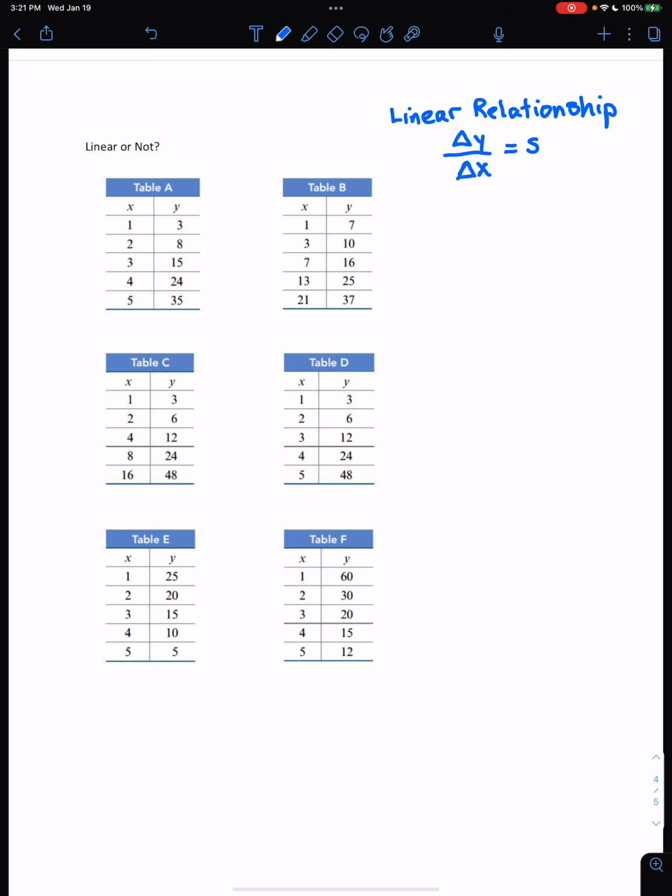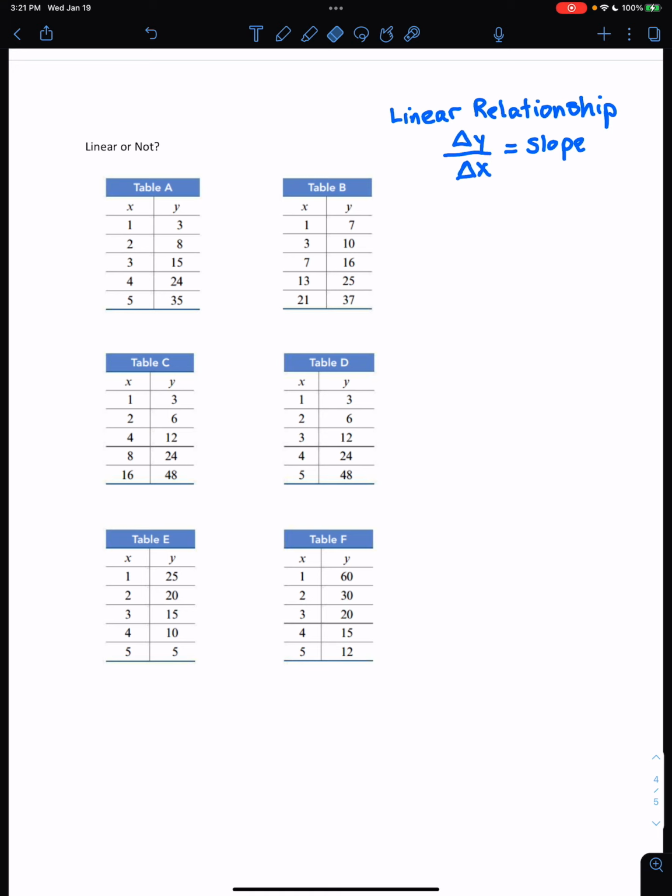And remember, that's called the slope. So to identify a linear relationship, we want to see the same value every time for that change in y over change in x. So let's take a look at some of these.